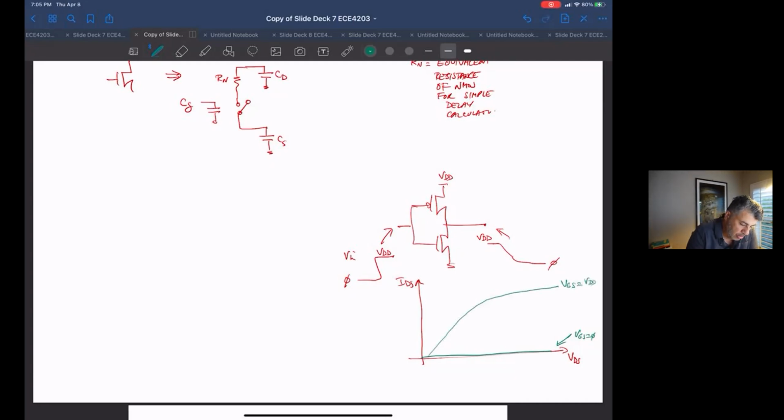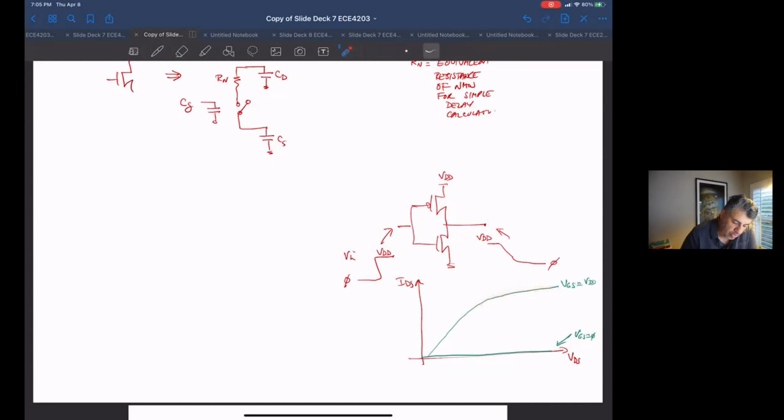Almost immediately we went up to here, because the VGS jumped to VDD. And then the VDS starts draining off. So the current coming out of the NMOS is going to change as VDS gets less and less. The current from the NMOS at any point is going to go down.